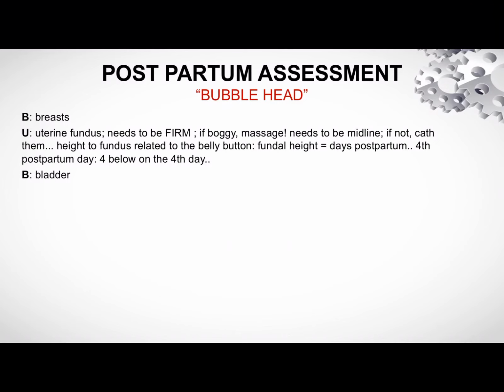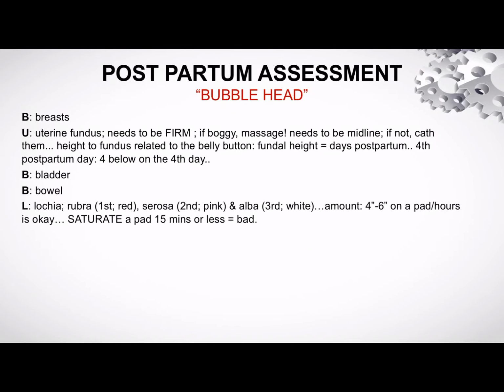We also have to assess the bladder for distension, the bowel for obstruction or constipation, L for your lochia. Okay, these are your discharges after labor and delivery. So in the first days, we will observe a red discharge known as lochia rubra. And the following days, we'll have a pinkish discharge known as lochia serosa.